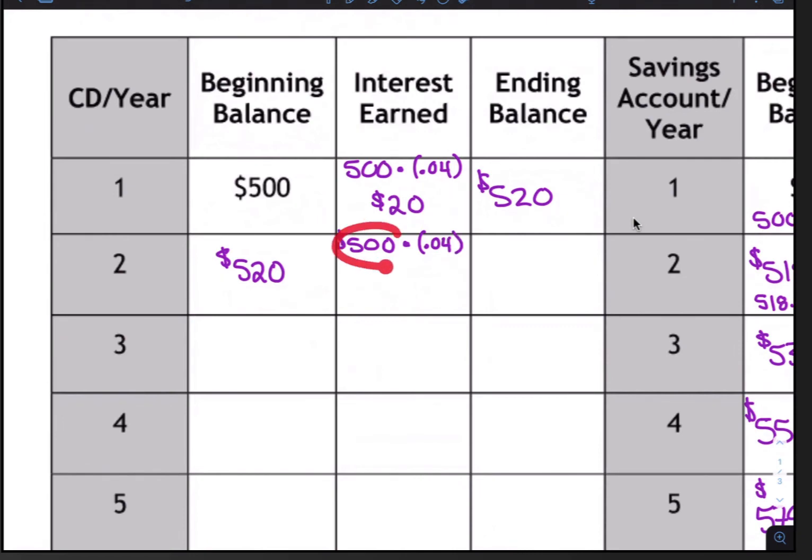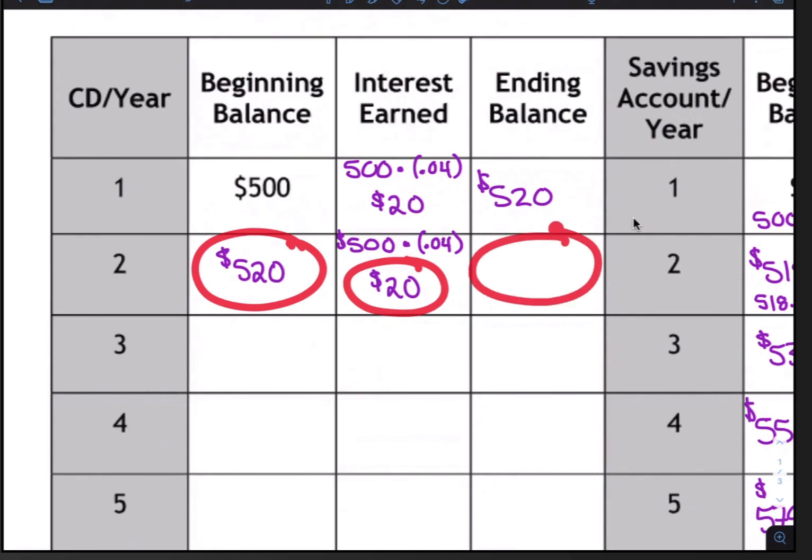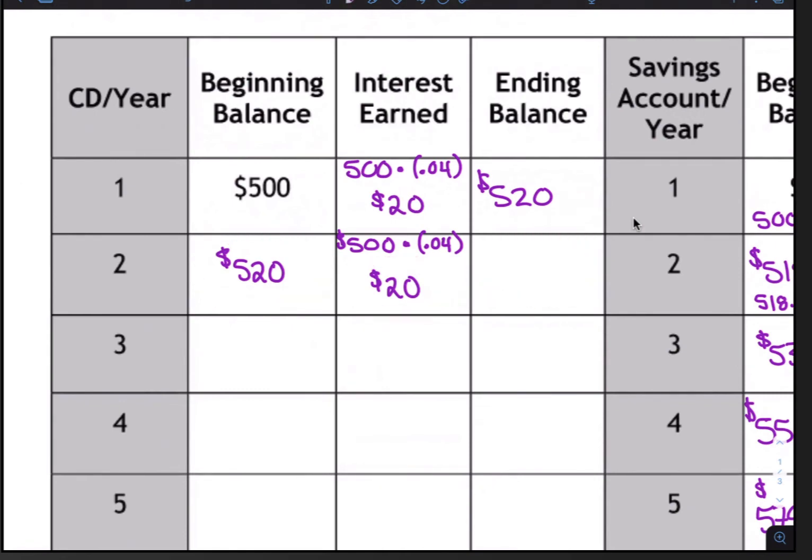So multiply 500 times 0.04 again, and that's $20. So that means we add the beginning balance of year 2 plus the interest for year 2, and that gives us the ending balance. So that's 520 plus 20 is 540.